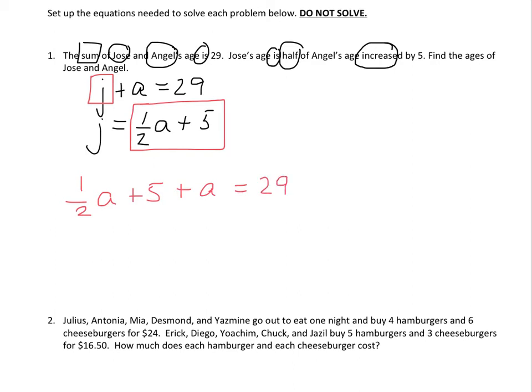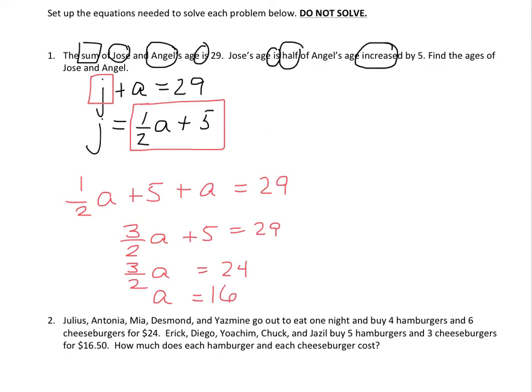Combine like terms, a half plus 1 is 3/2 A plus 5 is 29. 3/2 A, when I subtract 5 over, you get 24. And then when you divide by 3/2, and you're using a calculator for this, Angel is 16.